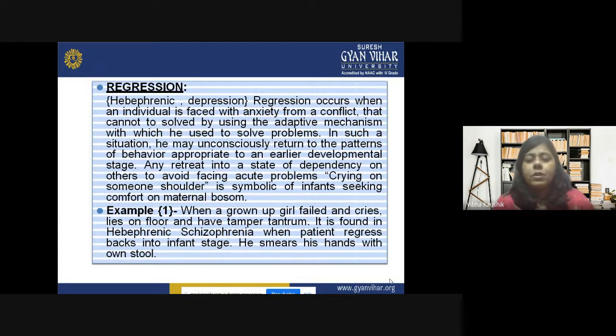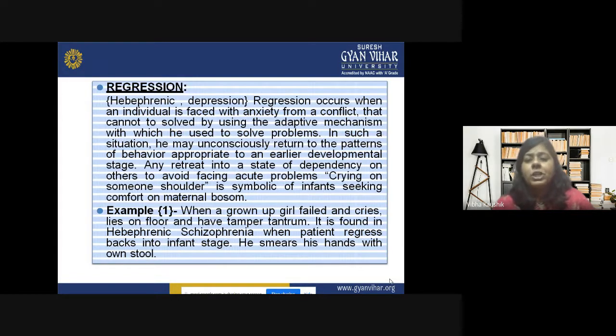It is found in hebephrenic schizophrenia. Regression occurs when an individual is faced with anxiety from a conflict that cannot be solved by using the adaptive mechanisms with which he used to solve the various problems of his life.